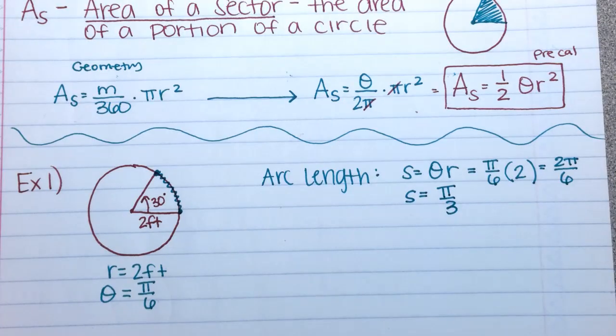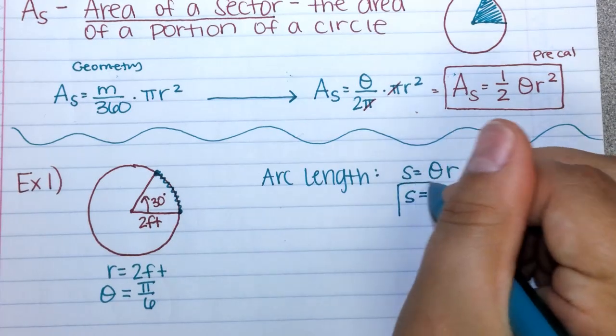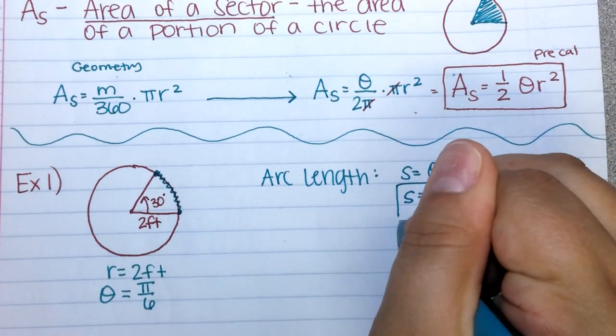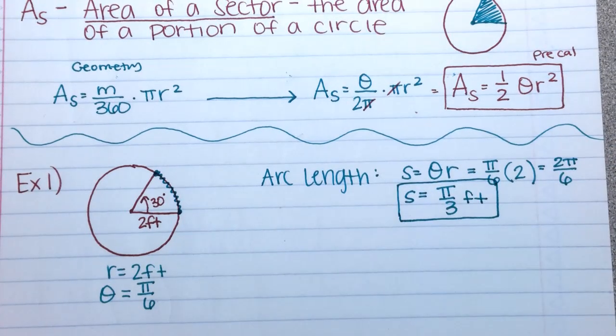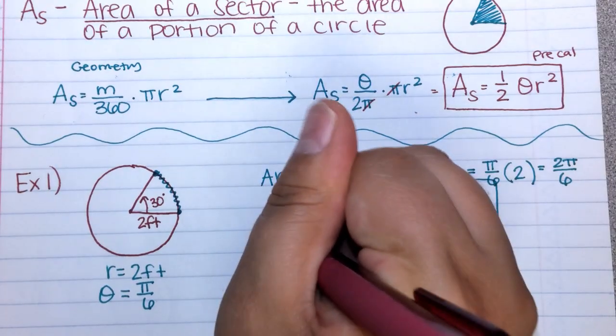Now this is a length, so I need units. What are my units? Feet. And that's my arc length. That's all there is to arc length. Is it really that simple? Yep.